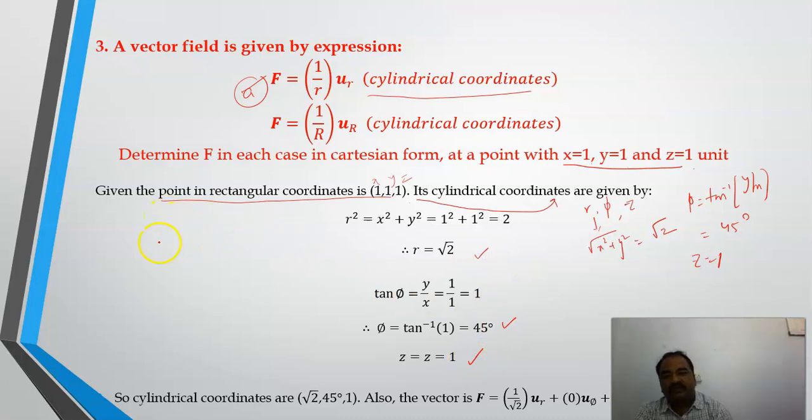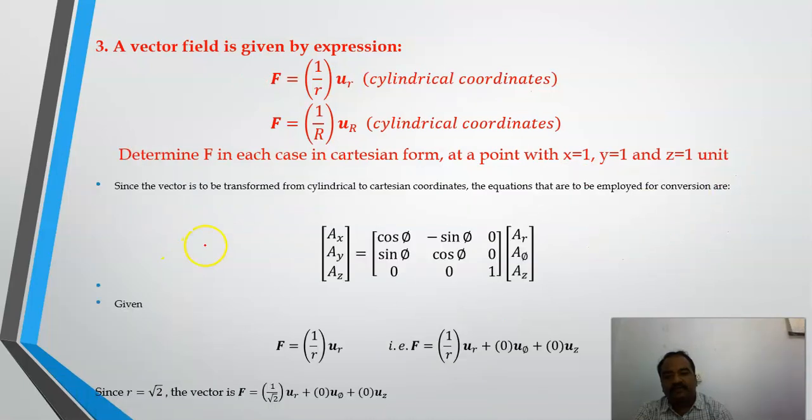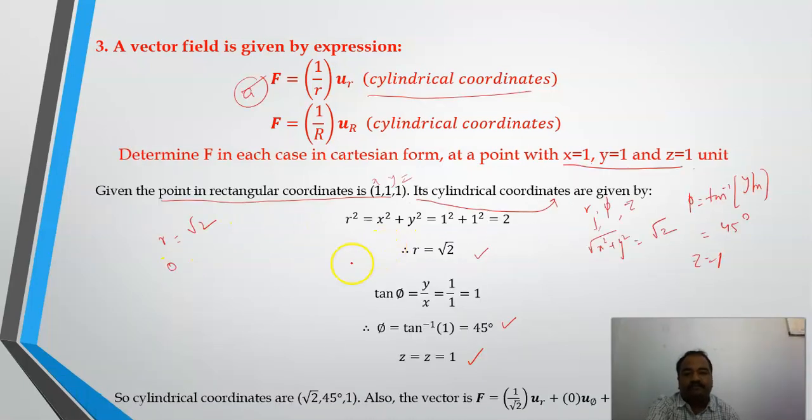So these are the values: R is equal to root 2, phi is 45 degrees and z is equal to 1. So now the vector.